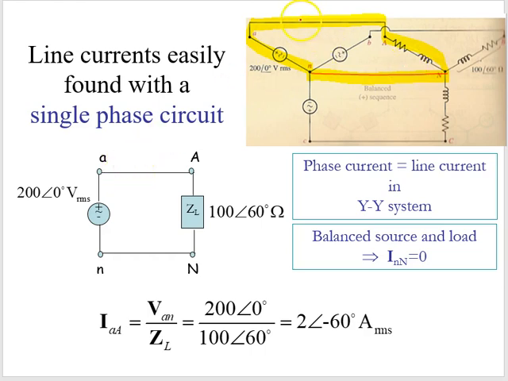If there was an impedance in this wire, I'll draw it as being resistive. If there's just a resistance on this line AA, we could draw that in here, and that would just be in series with our load impedance. Again, if there was a resistance on the neutral wire, we would not consider that here because we don't really have any current on this neutral wire.